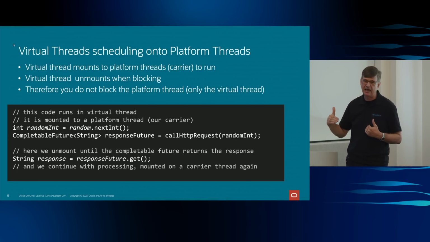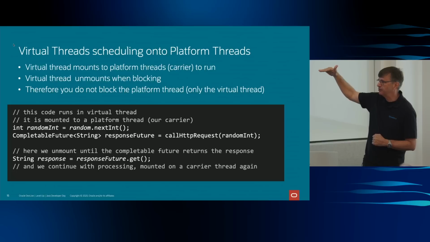I can just block on that future and wait for the response, because all I'm blocking is my virtual thread. And then at that point, the virtual thread is unmounted from the platform thread. That frees up the platform thread to be used, say, to run another virtual thread.